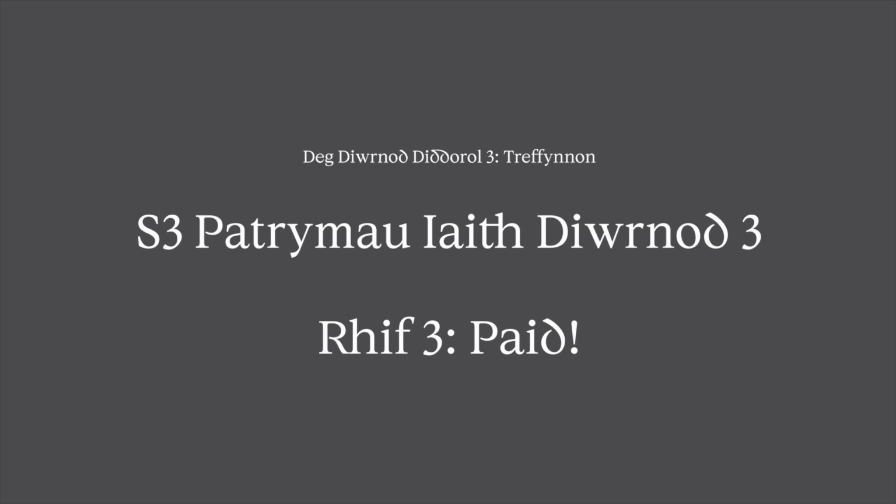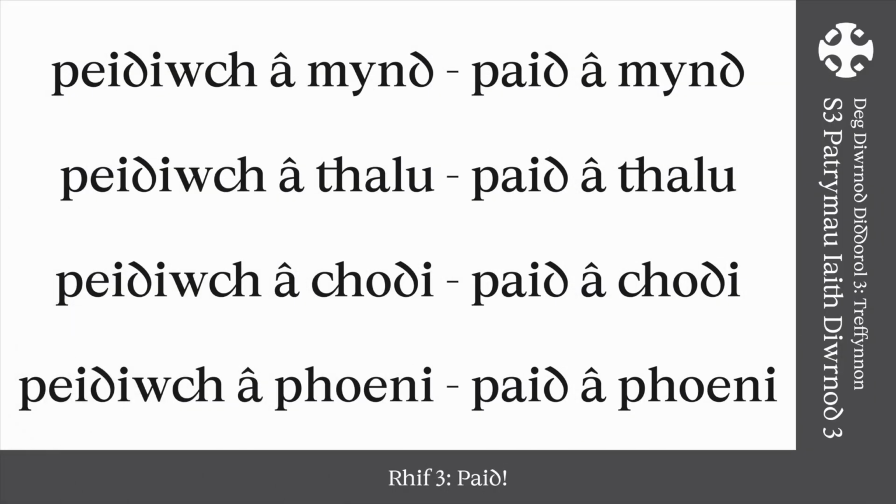Rhif 3. Paid, don't. If the command is not to do something, then you use peidiwch â for chi or paid â for ti, followed by a verb with an aspirate mutation.